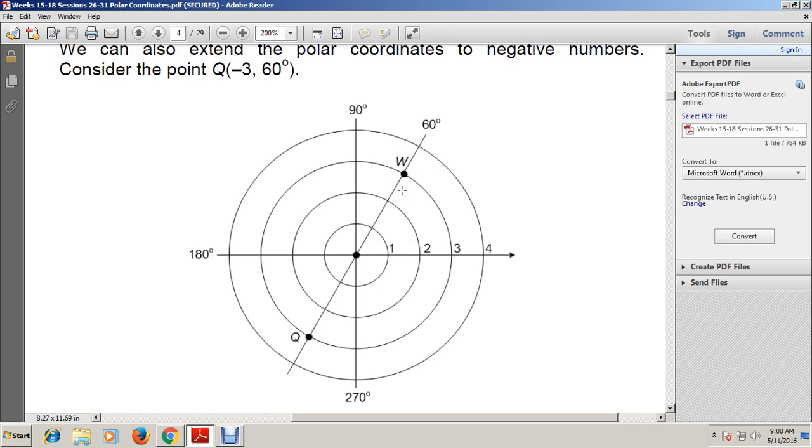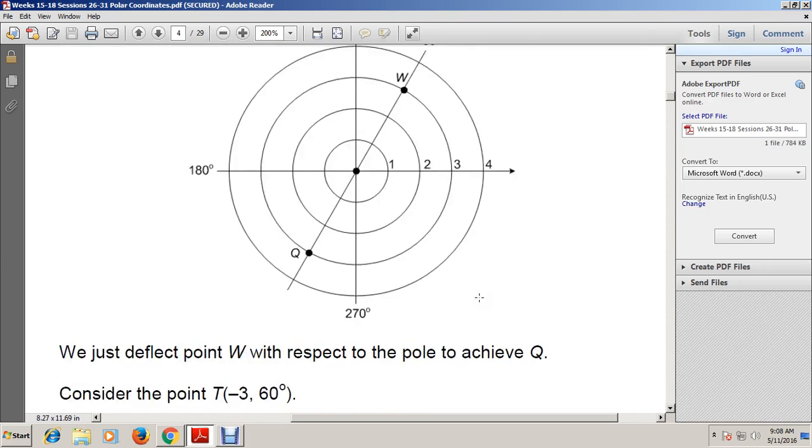Since W is located on the first quadrant, its image would be on the opposite quadrant, which is the third quadrant. So if you have a point at, for example, the second quadrant, and you flip it, the corresponding point would be located on the fourth quadrant, and so on.